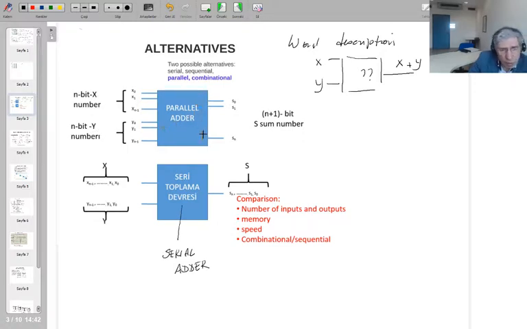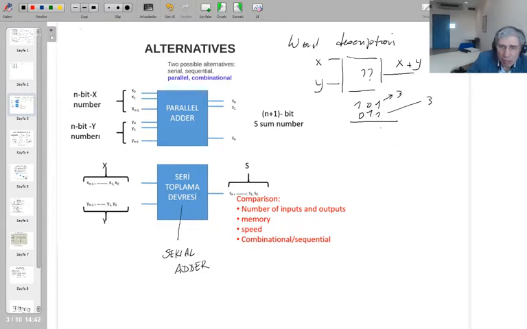So the sum of these is going to have n plus 1 outputs. Why is that? Consider small numbers to be added here. So n, in this case, is 3 for this number, and this number 3.